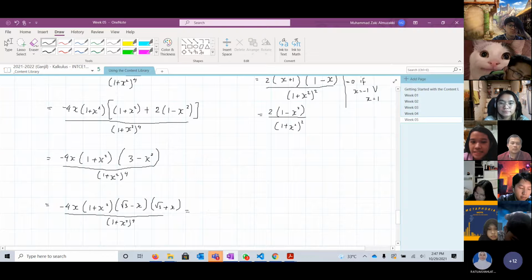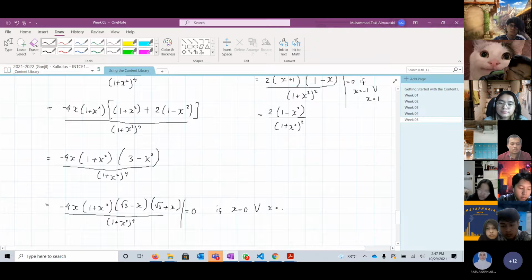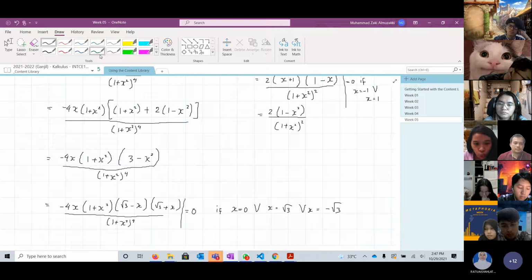So this is equal to 0 if x equals 0 or x equals square root of 3 or x equals minus square root of 3. Up to this point, any question?